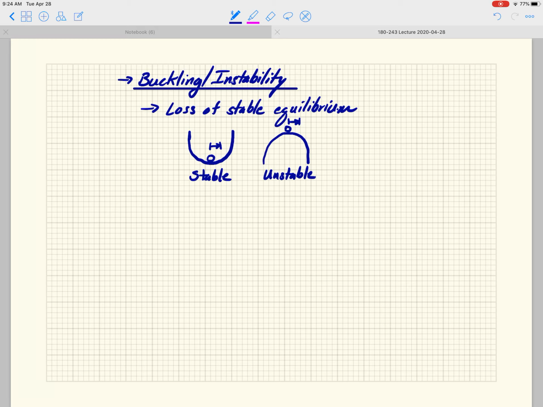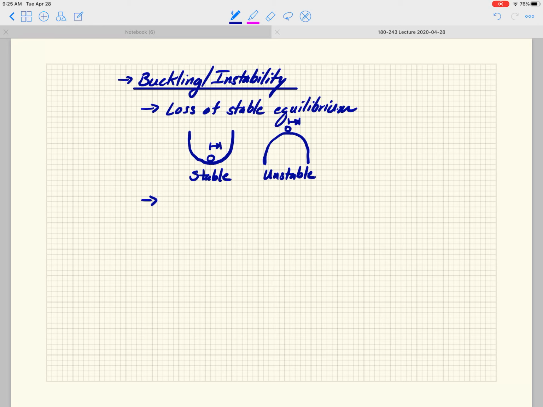So a good way of remembering the difference between stable and unstable equilibrium is whether the bowl is facing up or facing down. Is it a bowl or is it a dome? Buckling or instability occurs when we lose stable equilibrium. So we're much more in the situation on the right than on the left.